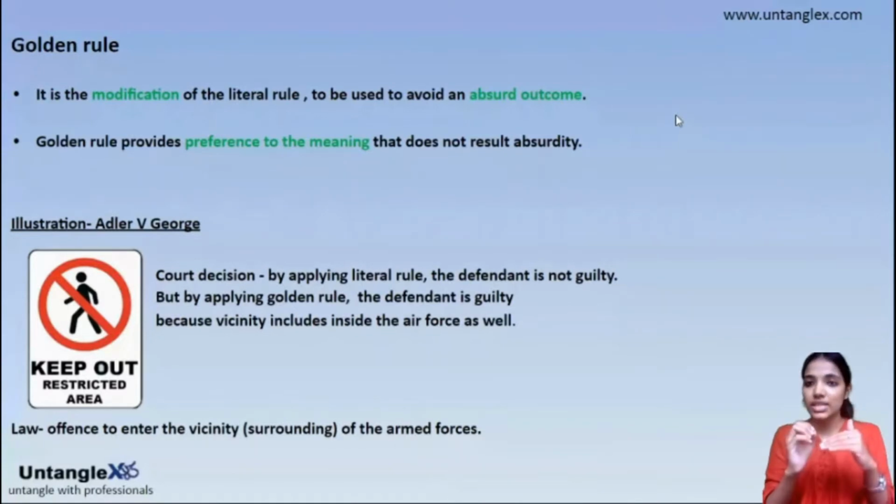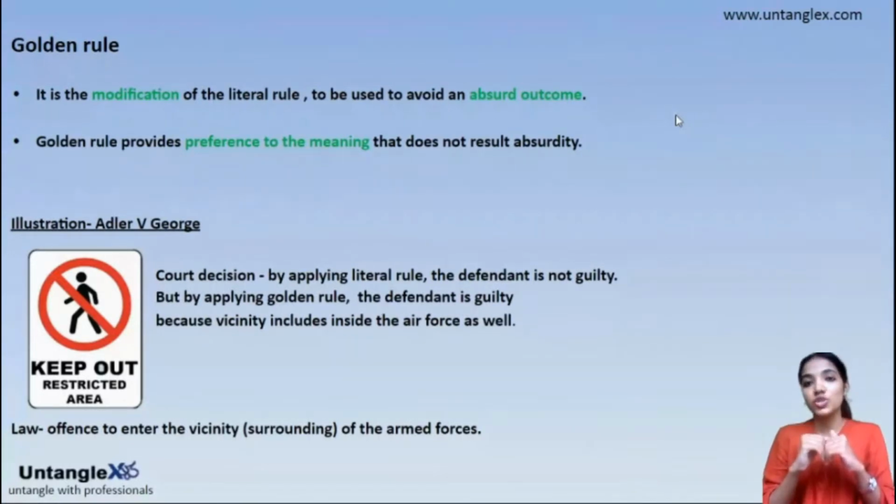So once an incident occurred, there was a man and he obstructed a member of the Air Force inside the Air Force base. Okay, inside, not the vicinity, inside. So he was arrested and taken to court. He argued that in the Act it is written in the vicinity. It was an offense if he was doing it in the vicinity of the prohibited area, but he was actually inside the prohibited area.